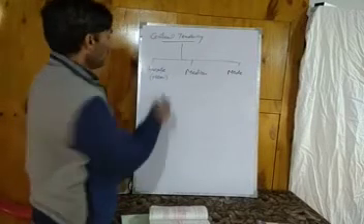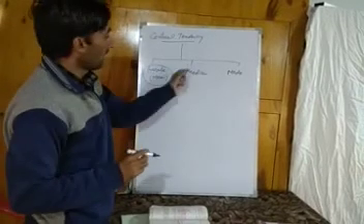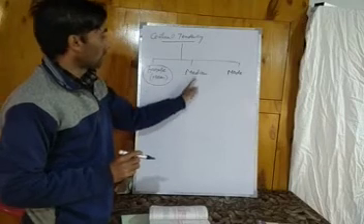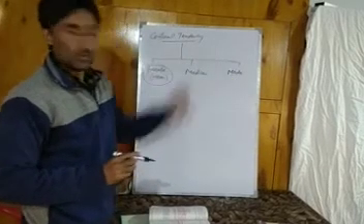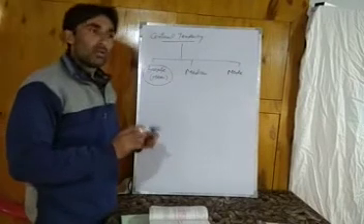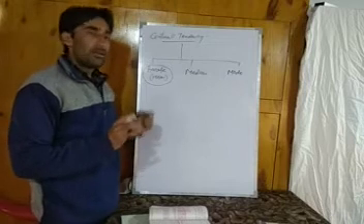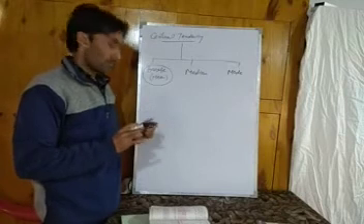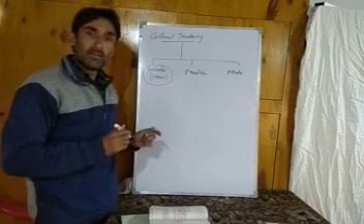First of all, we will discuss the mean or average. After the completion of mean, we will take up the median and then the mode. Mean is the simplest method of central tendency.